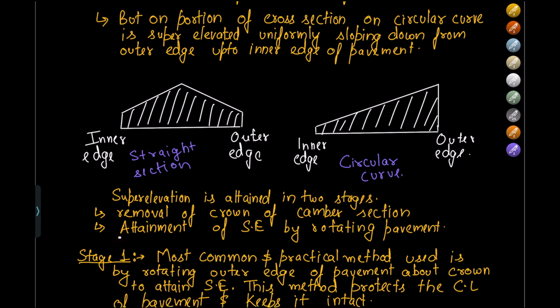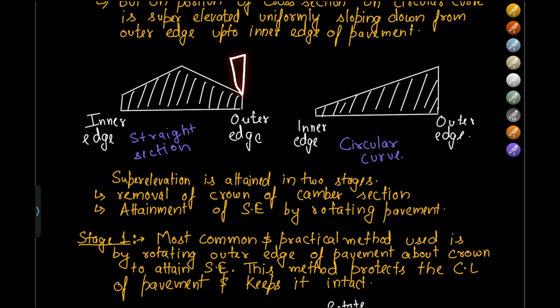And next is attainment of superelevation by rotating the pavement. What we are trying to say is, if shifting of crown is being done in subsequent cross sections, the slope available on the outer edge of the road would be very great at some point. That will cause the toppling of vehicles, so that is not preferred.